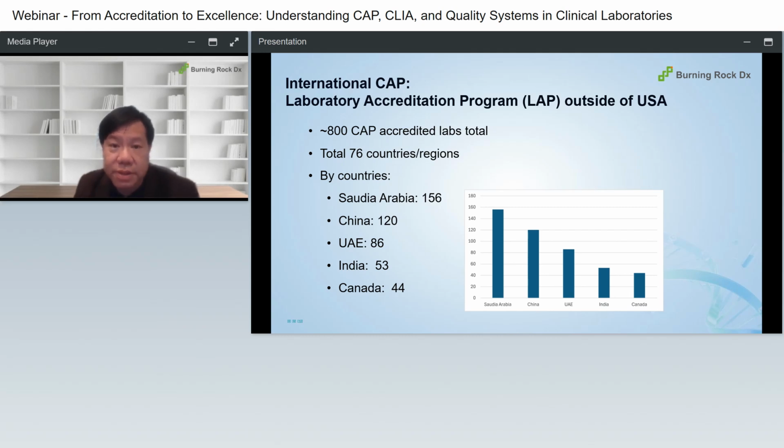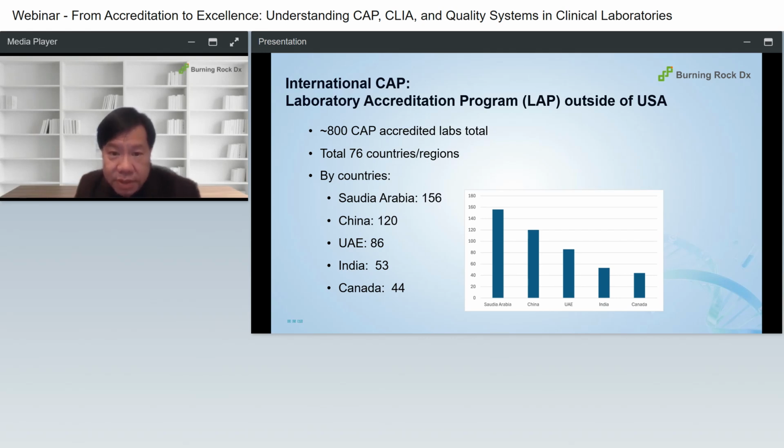Correspondingly, there's also an international CAP accreditation, which can be received for a lab outside of the US. I did a little bit of data mining, and currently there are 800 labs outside of the US that have this CAP accreditation status, spanning 76 countries/regions.